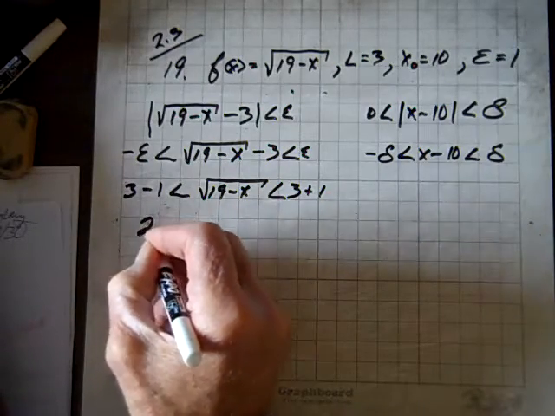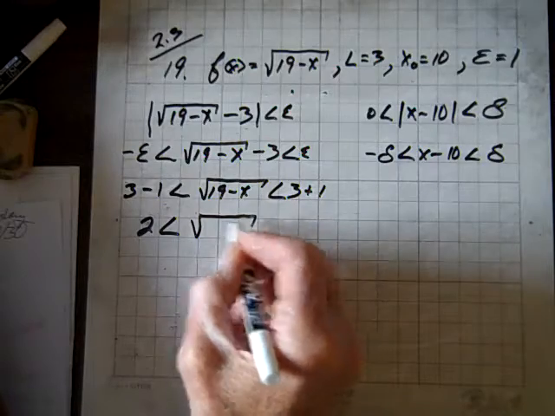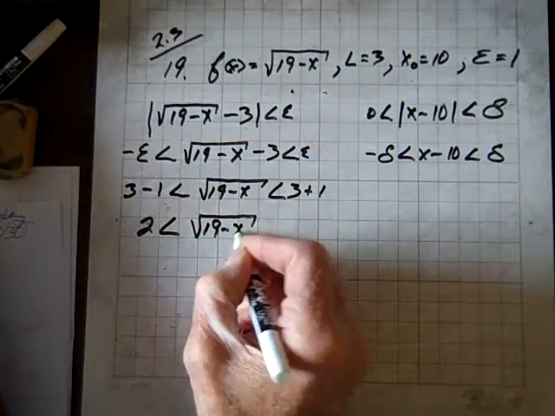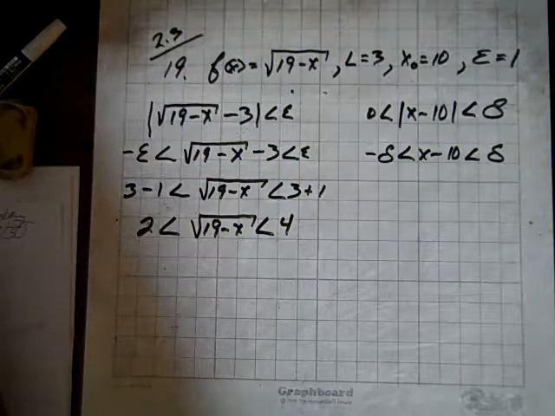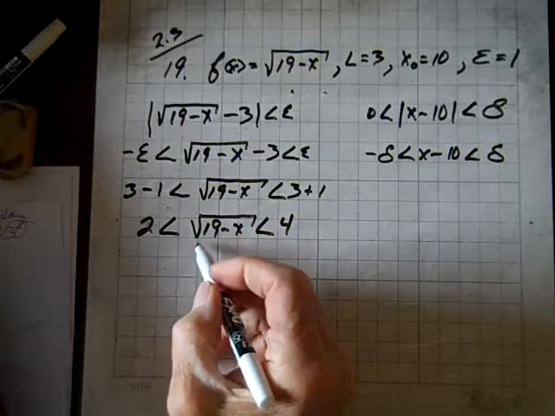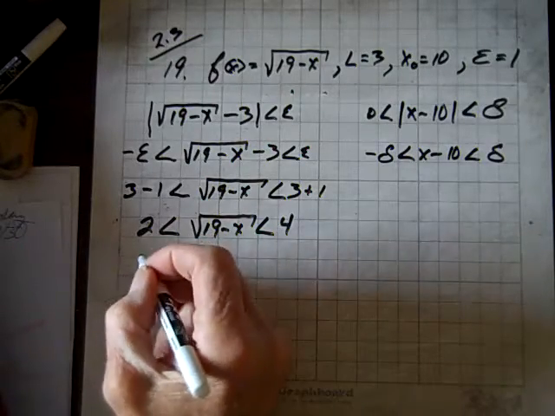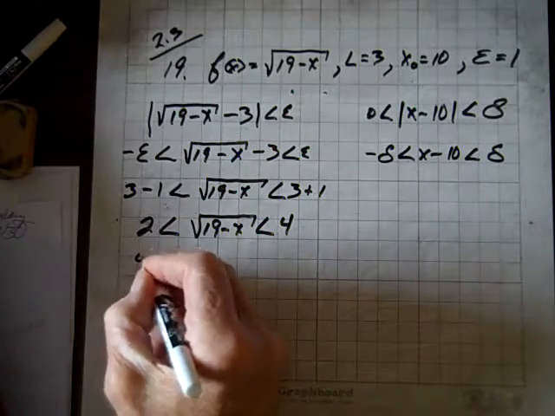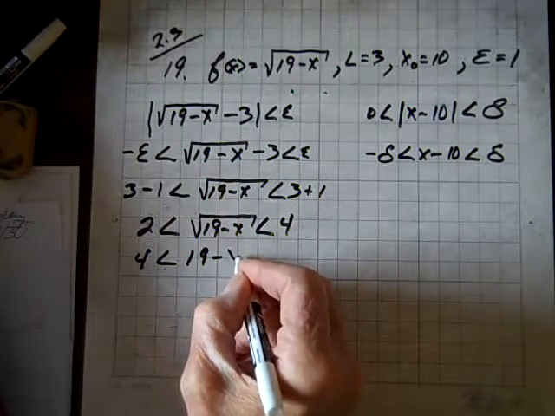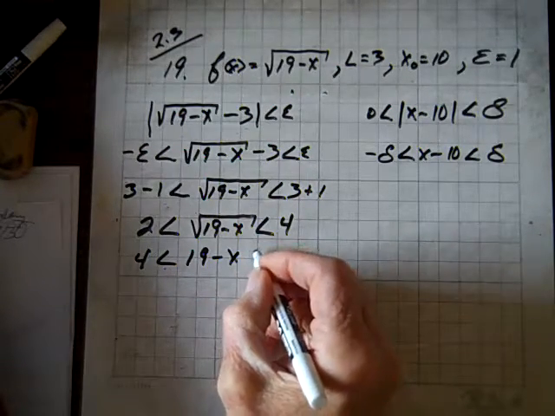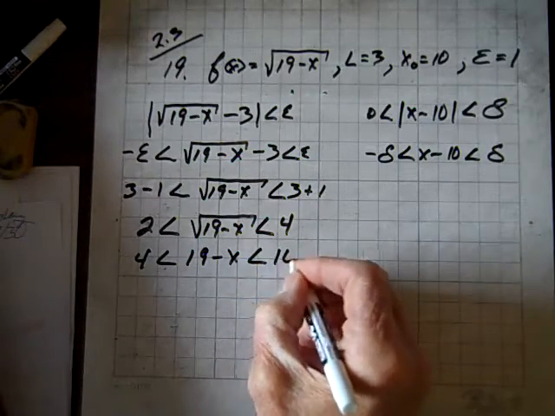So that means 2 is less than the square root of 19 minus x, which is less than 4. Now we need to get at x, so we've got to get rid of this square root symbol, so we'll square each interval. So we get 4 is less than 19 minus x, which is less than, squaring 4 we get 16.